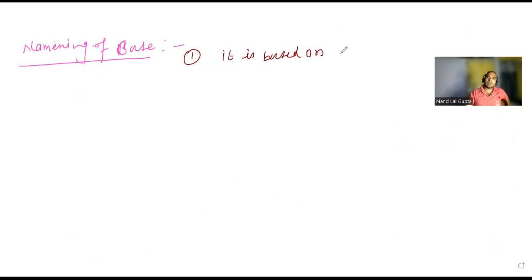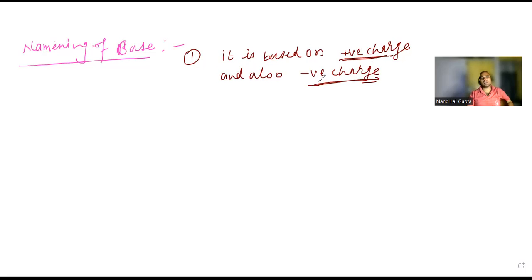It is based on positive charge and also negative charge, so both things. Now let us see what we have to do. For positive, they are saying use the word IUM, and for negative, IDE.